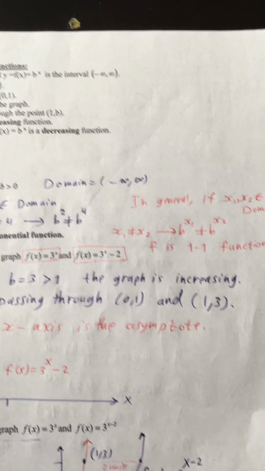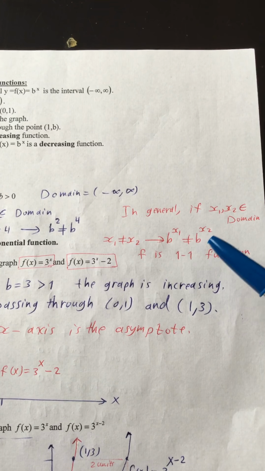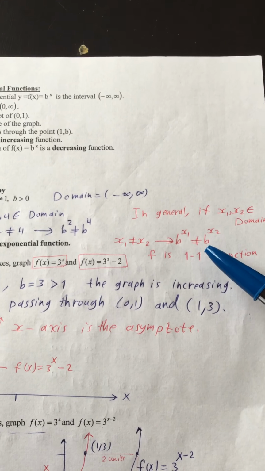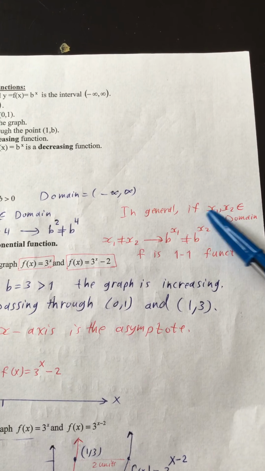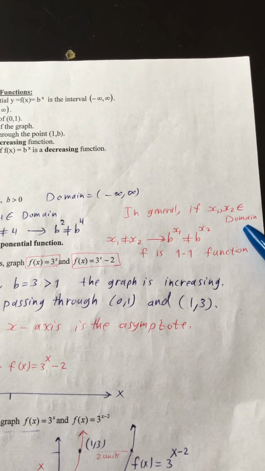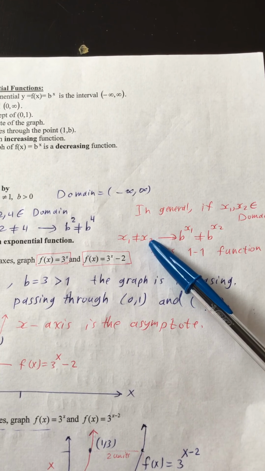So to prove that the function is 1-to-1, we take any two different values in the domain. Suppose x1 and x2 belong to the domain, such that x1 is not equal to x2.